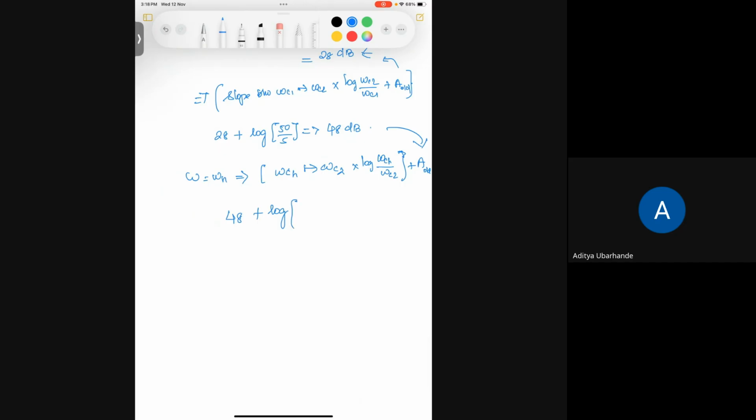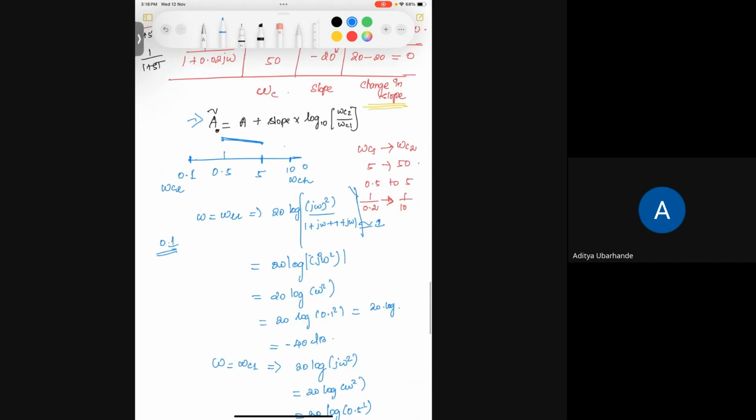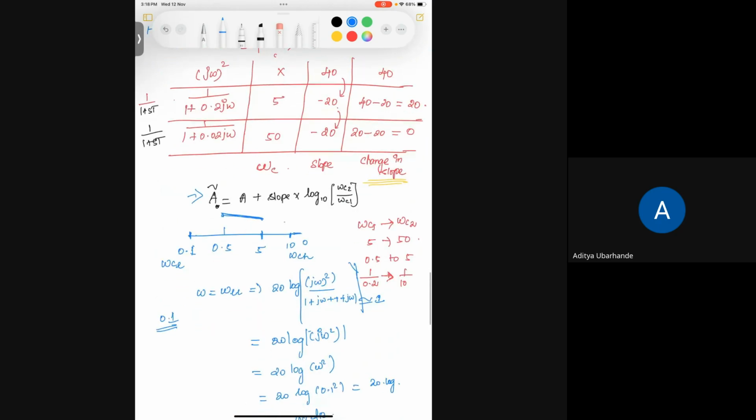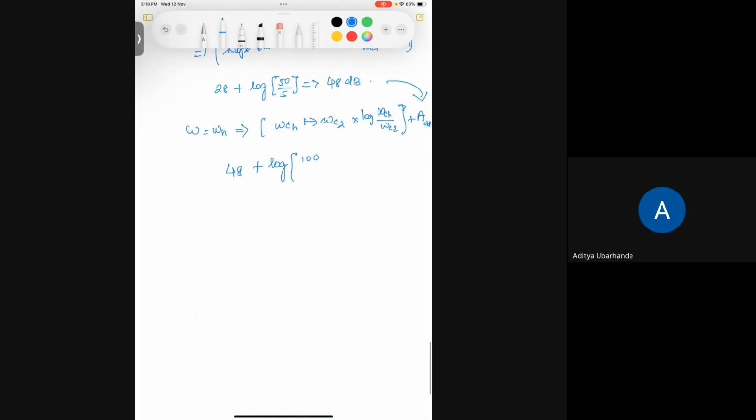Divided by, what is that next frequency? It's 5 and 50, not 0.5. So I'm adding 100 here, not 10. 10 would be intermediate. So it will be 100 divided by 50. It's 48 plus log of 2. What is log 2?